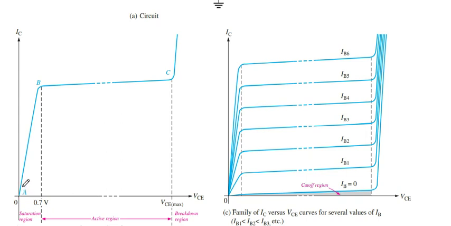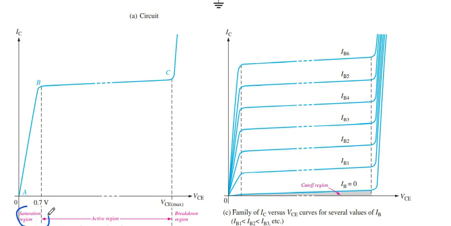So at the 0 point everything is 0. But if we increase VCC, VCE is not increasing up to the B point. On the other hand, current is increasing very fast. At reaching 0.7, which is the potential barrier of VBE, the current increases very fast, while from B point to C point it increases only slightly due to the depletion region.